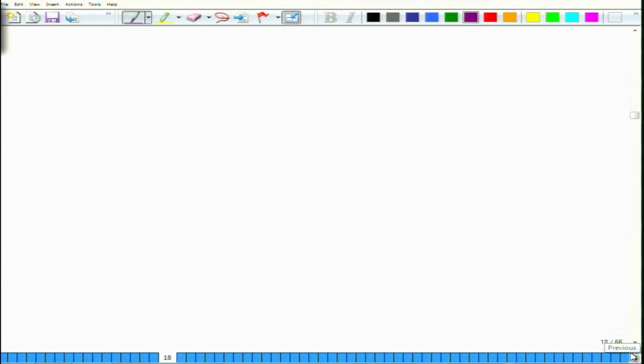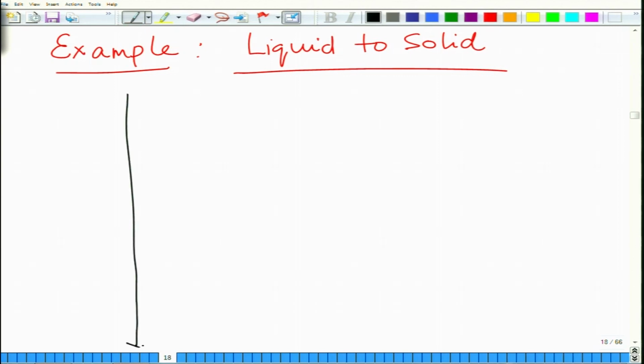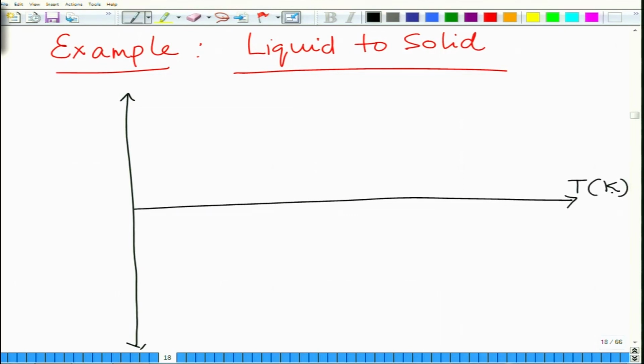So, let us just look at an example of liquid to solid. So, I again make a plot in this fashion. And we will plot both.